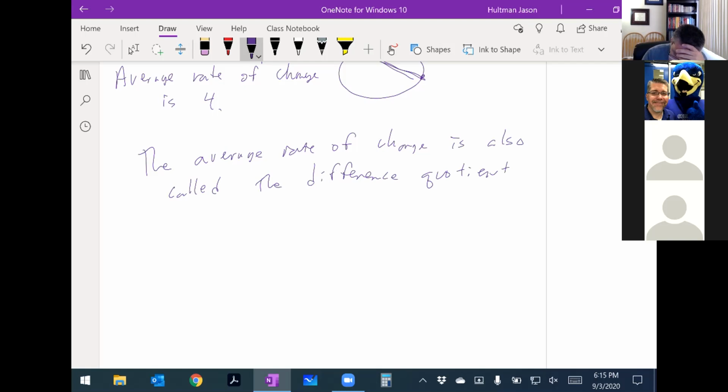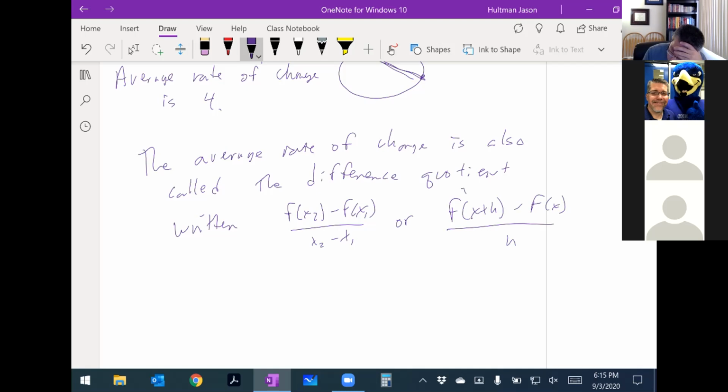It can be written in two different forms. It can be written as f of x2 minus f of x1 all over x2 minus x1, or it could be written as f of x plus h minus f of x all over h.